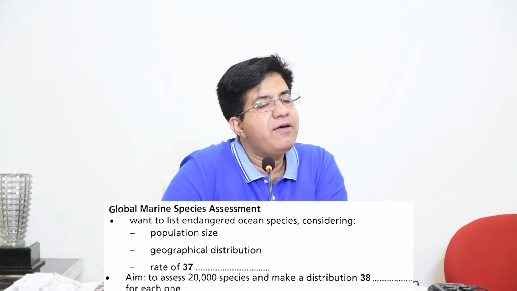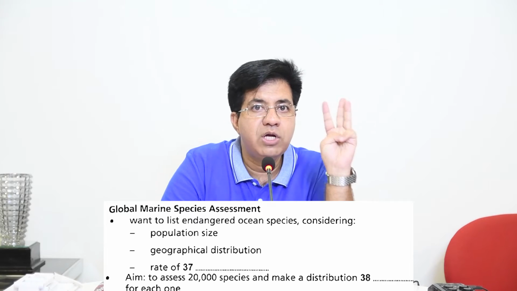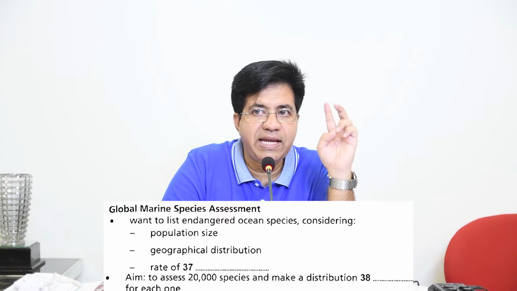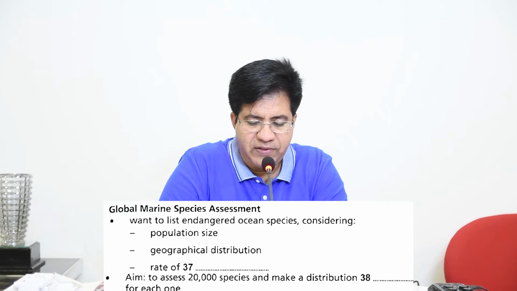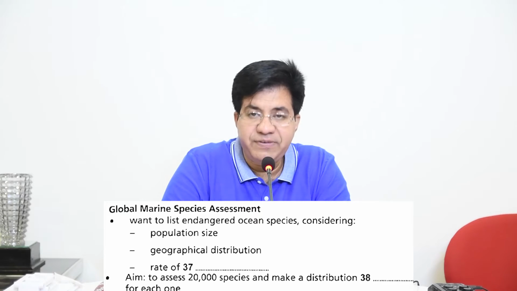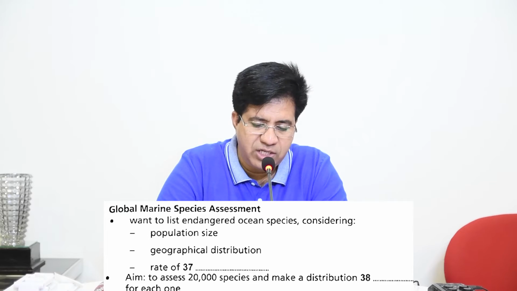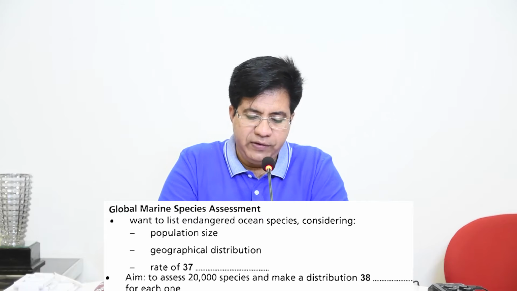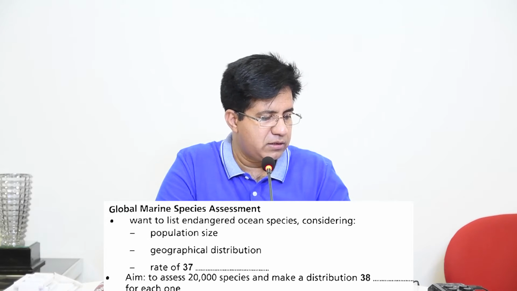And by the way, whenever they give you bullet points, and over here we have three bullet points, focus on signposting: first of all, secondly, thirdly, or lastly. So whenever they use the word thirdly, the rate of dash. For rate of, they can use any other word, ratio or anything like that. So thirdly and rate of. This will tell you what the answer is.